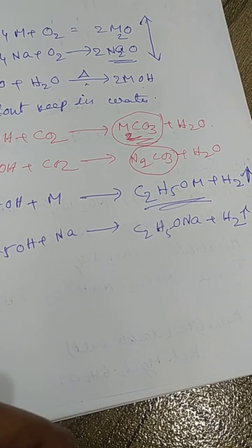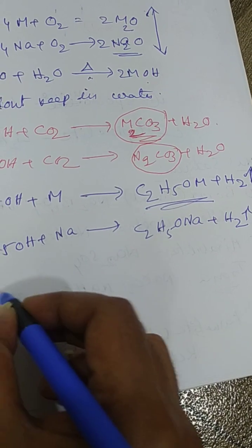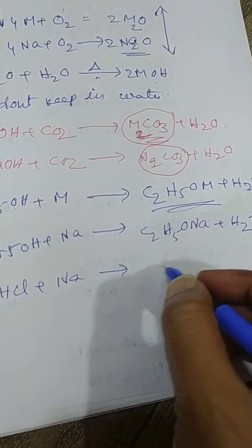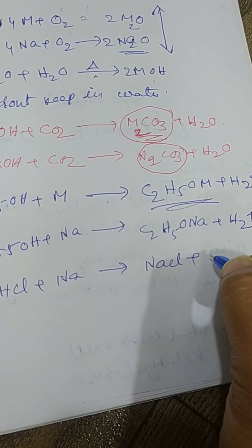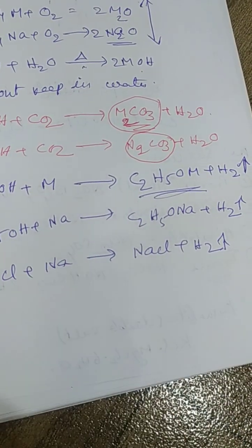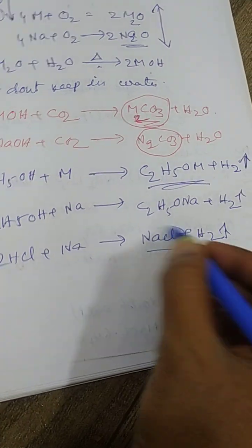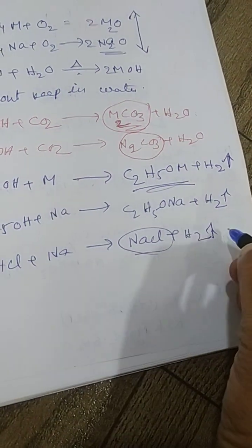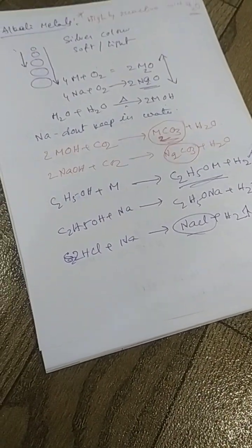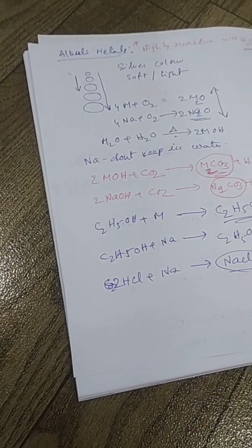If it reacts with an acid, it forms salt. So 2HCl plus 2Na always gives salt and releases hydrogen. These are the characteristics of the alkali metals.